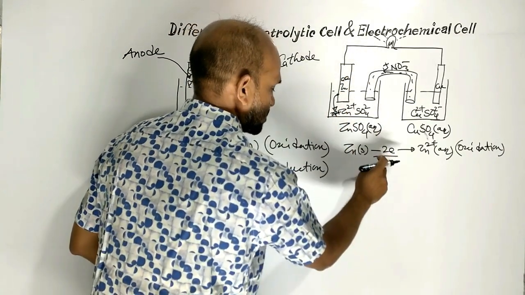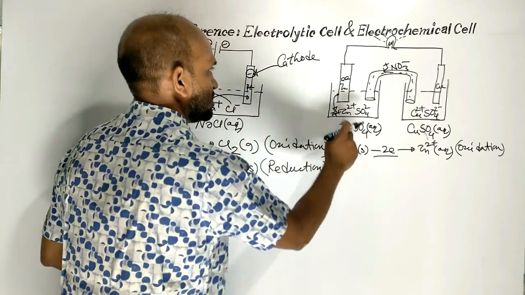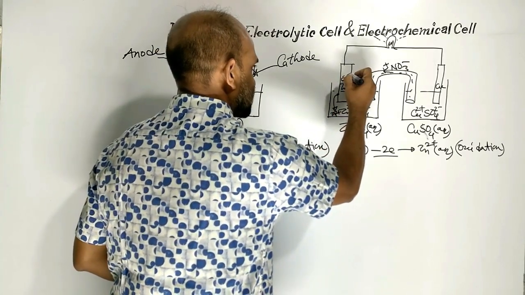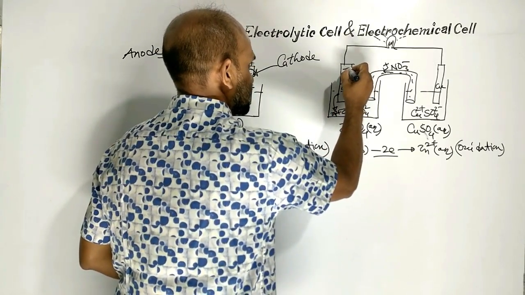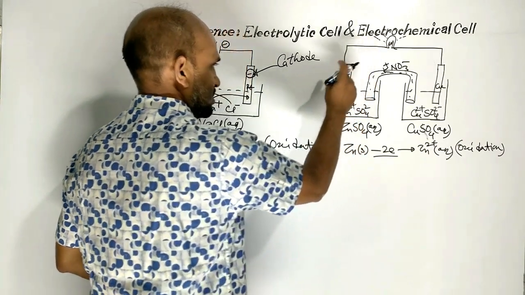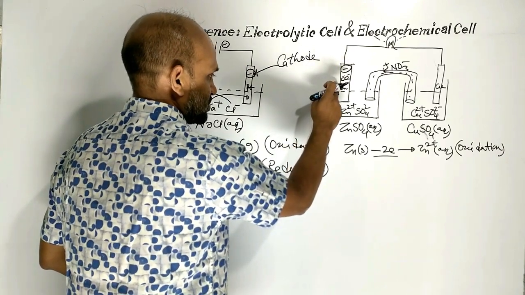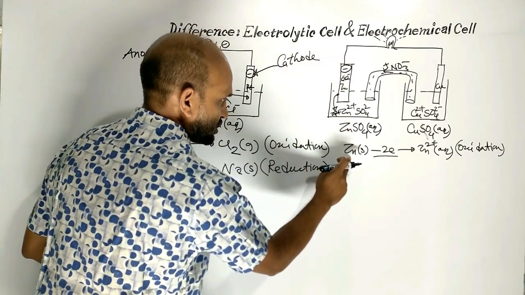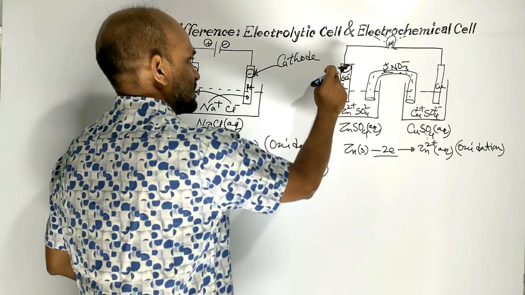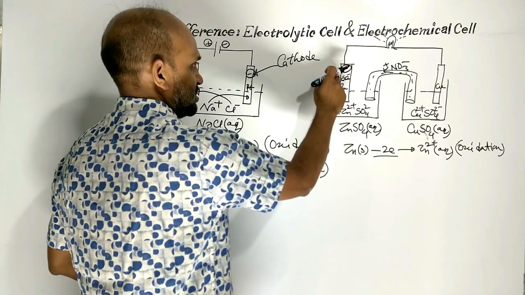Because of the presence of electrons produced from zinc atoms, this metallic strip is symbolized by a negative sign.